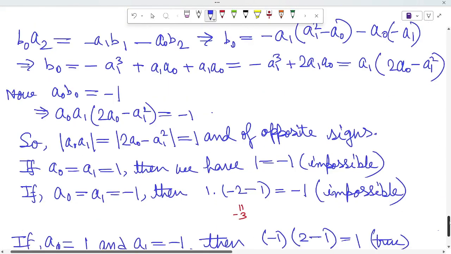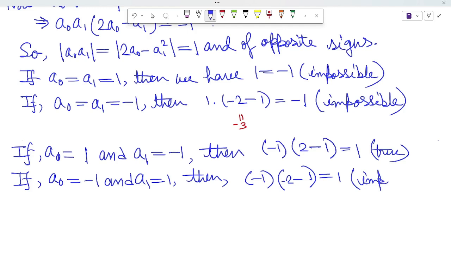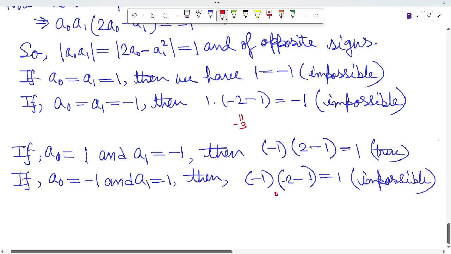What was the equation? 2A0 means minus 2, and minus A1 square means minus 1. So it is minus 3, which should equal 1. This is impossible, because this is actually equal to minus 3.